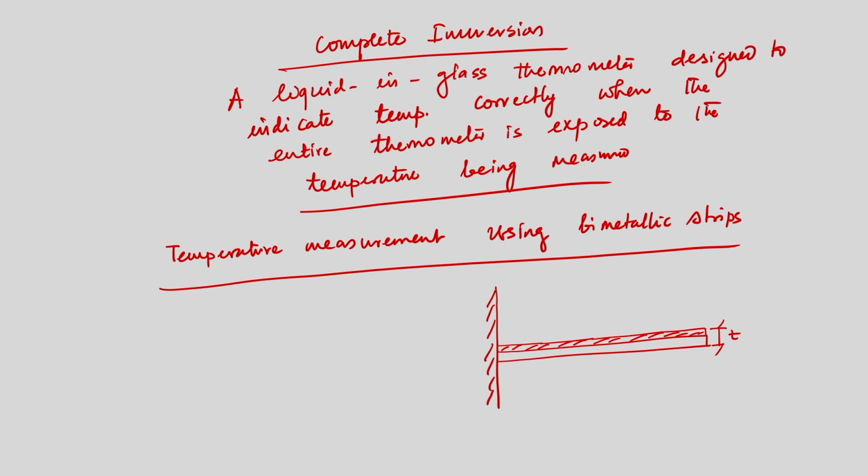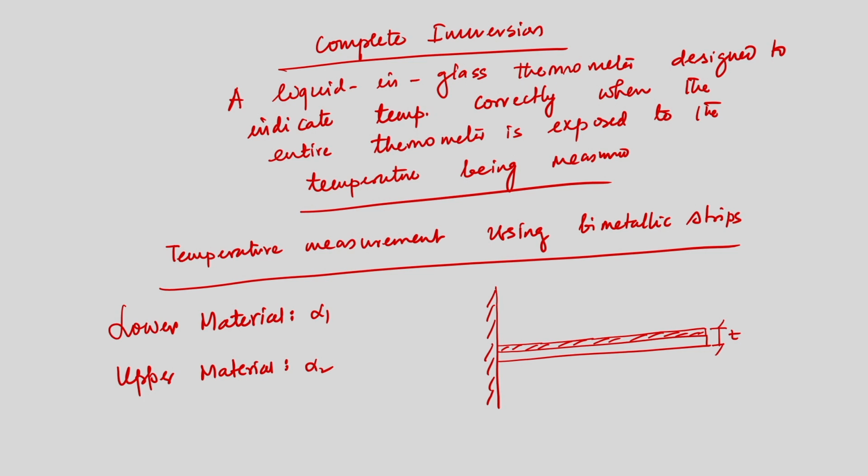Now, lower and upper material have thermal expansion coefficients: lower material, say, has thermal expansion coefficient alpha 1, and the upper material alpha 2, right.